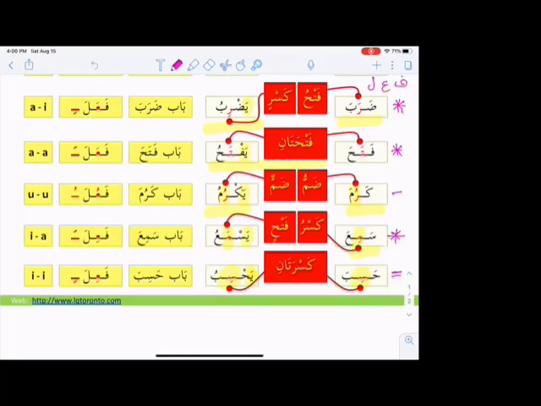So fa kalima, ain kalima, lam kalima, or you can say first radical, second radical, third radical. This we must remember.